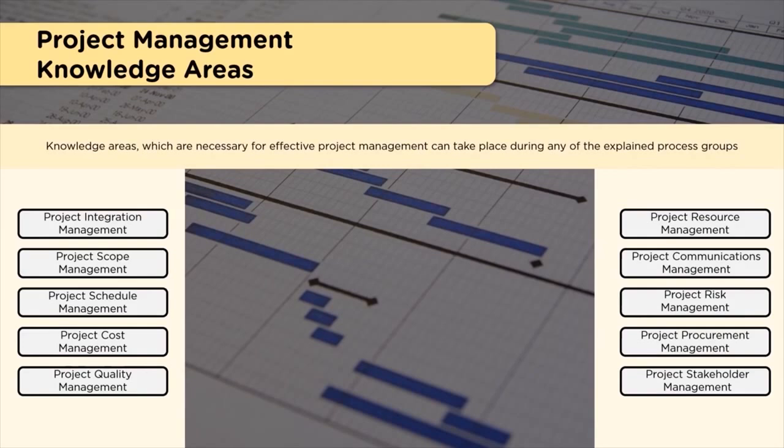So many people ask me when I train them, how do we remember all of this? Remembering the process groups will be easy because it's a flow which you can remember. But to remember the knowledge areas, one thing you should keep in mind is that initially when PMBOK was defined, mostly until the 3rd or 4th edition, we used to focus on triple constraints. When we say triple constraints, we used to say scope, cost and time.